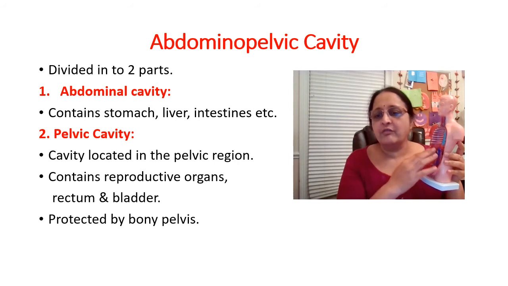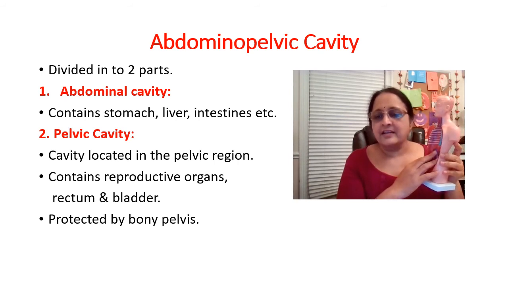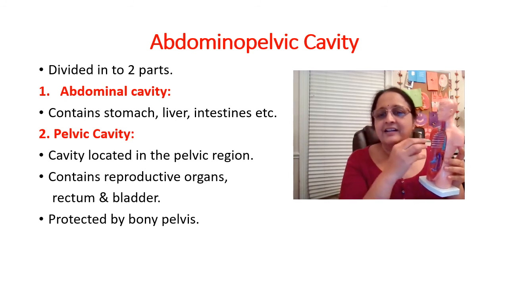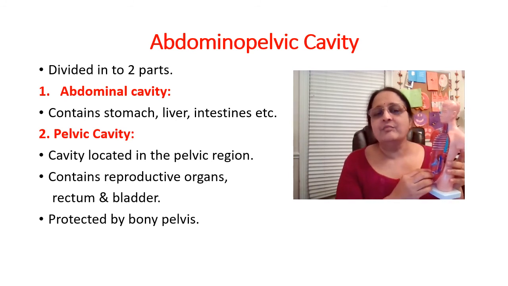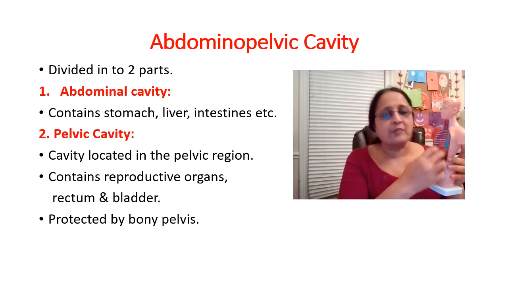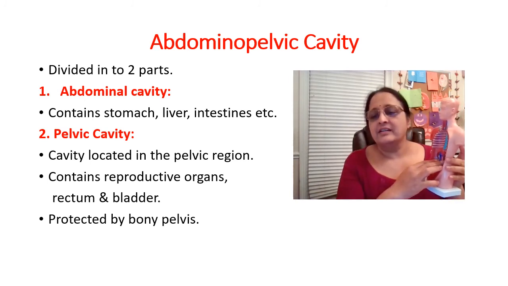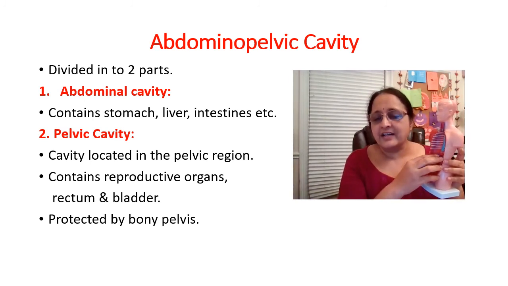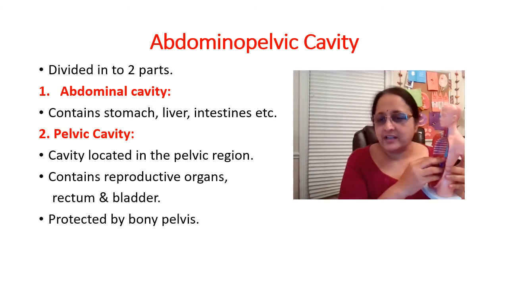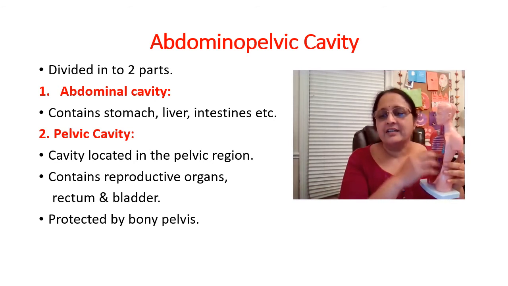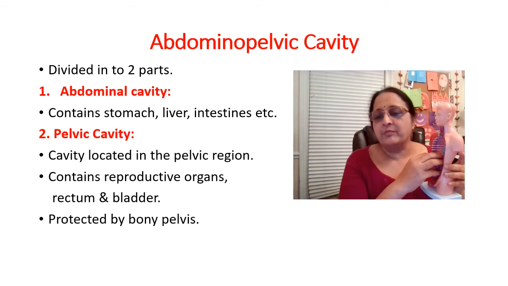So the most vulnerable organs of the body are situated in this area that are not reinforced by bone, and the wall is formed by only trunk muscles. So during accidents, the most vulnerable structures of the body are these particular abdominal organs.